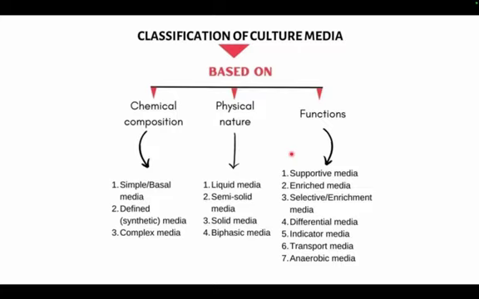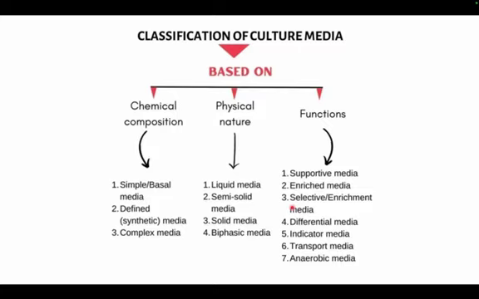Another classification of culture media is based on their purpose. So obviously we can have media just for growing bacteria, but we can also have enriched media where we will give a larger amount of some nutrient because we want it to show some effect in the culture.